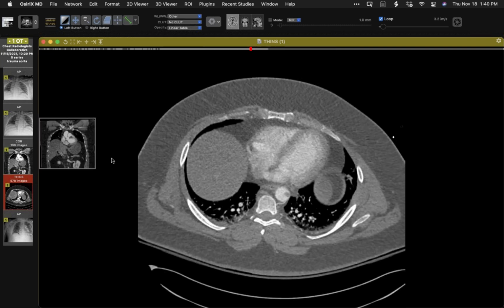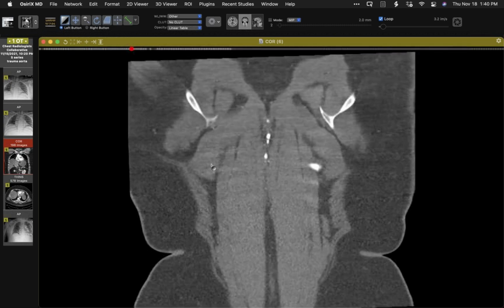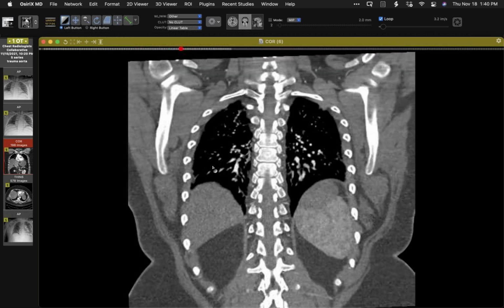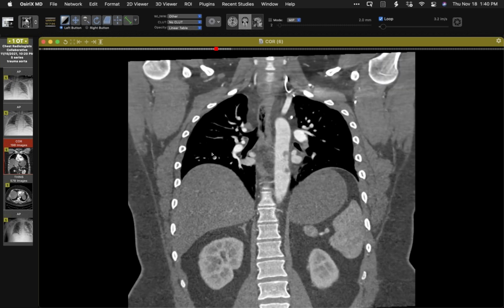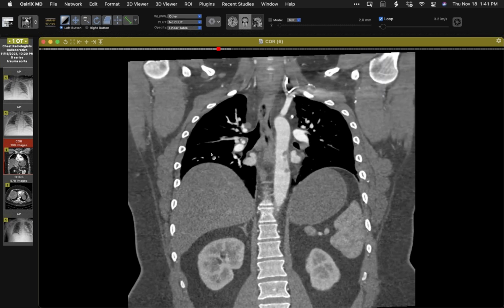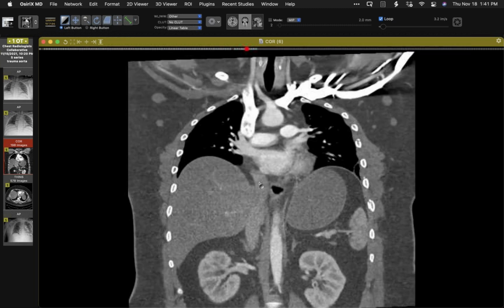Let me bring it up on the coronal. Certainly consistent with presumably intimal injuries with a little bit of adherent thrombus. So minimal aortic injuries.